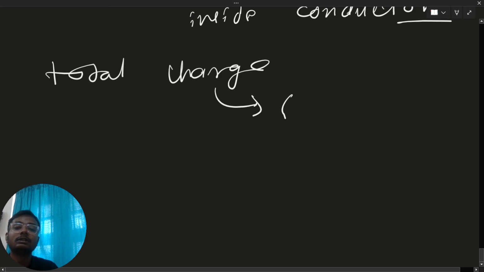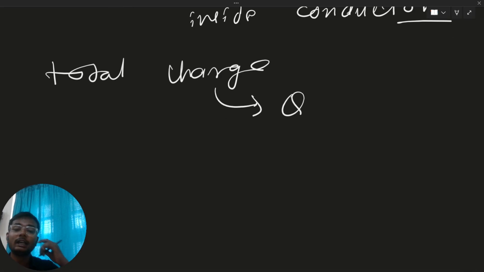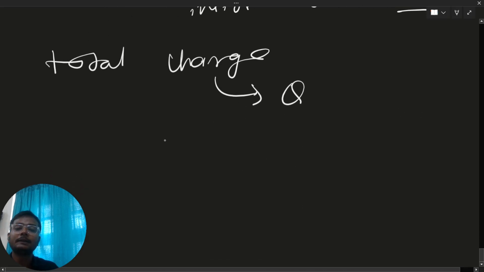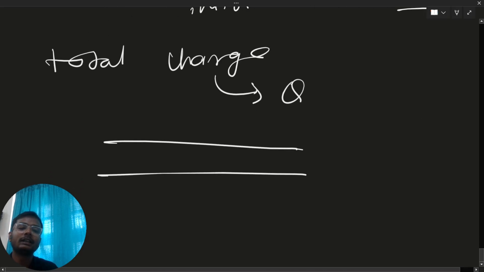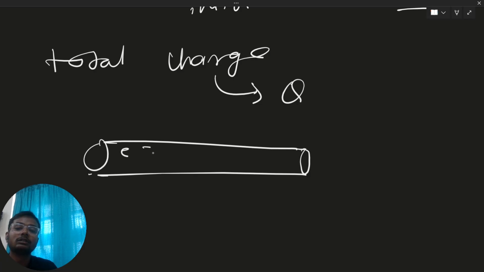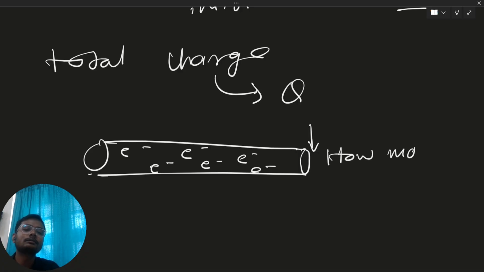Let's say I denote it with the letter Q. Let's say this is my wire and this is the cross-section area of the wire, and this many electrons are flowing through the wire. Now I will put some device here, which I'll talk about at the end of this session, and I'll start counting how many electrons flow.